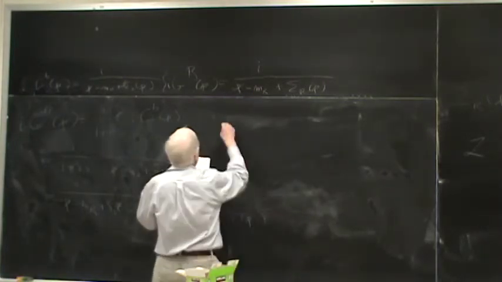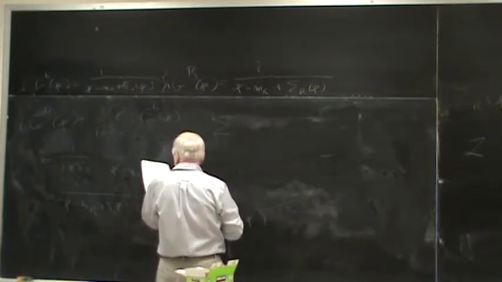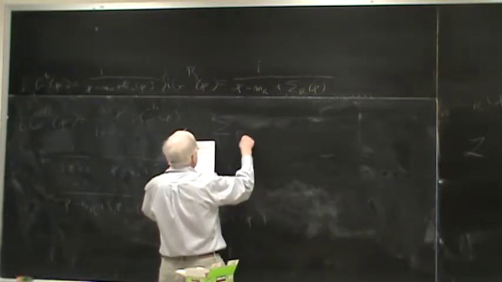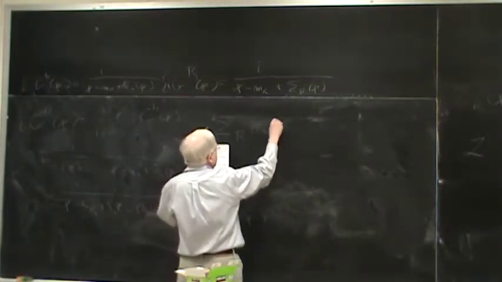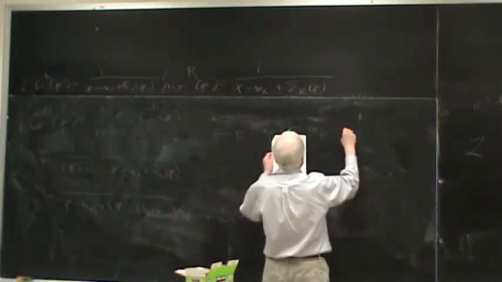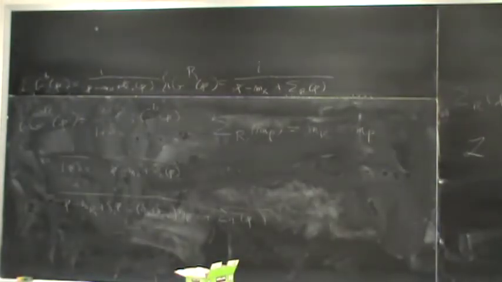So one condition, which is called on-shell subtraction, is that sigma renormalized at the physical mass of the electron should be M_R minus M physical. So that's one way of fixing these terms.